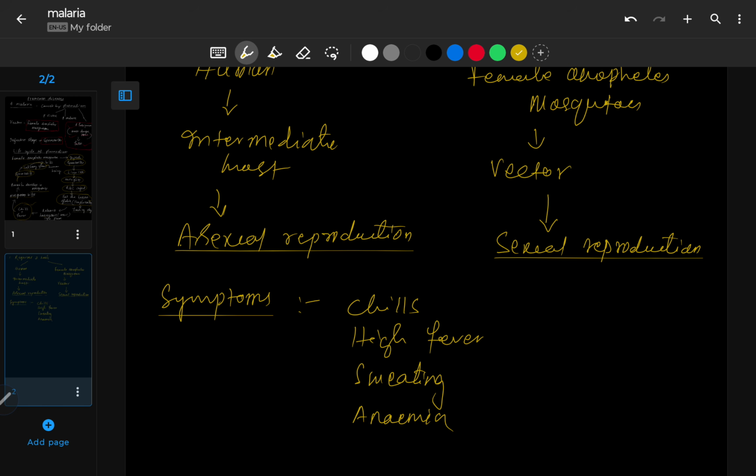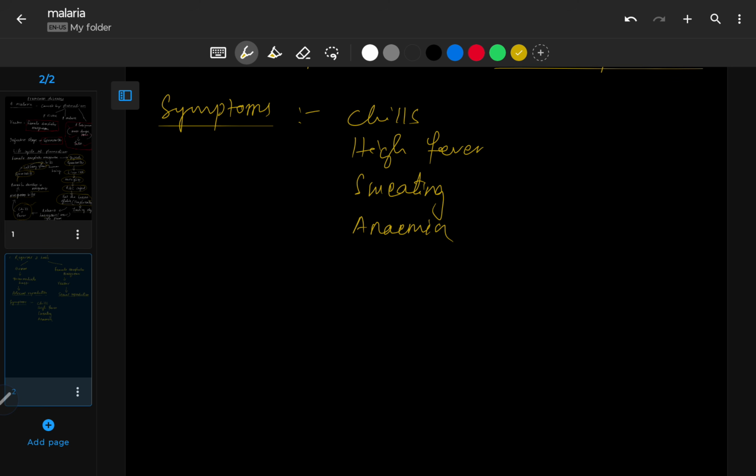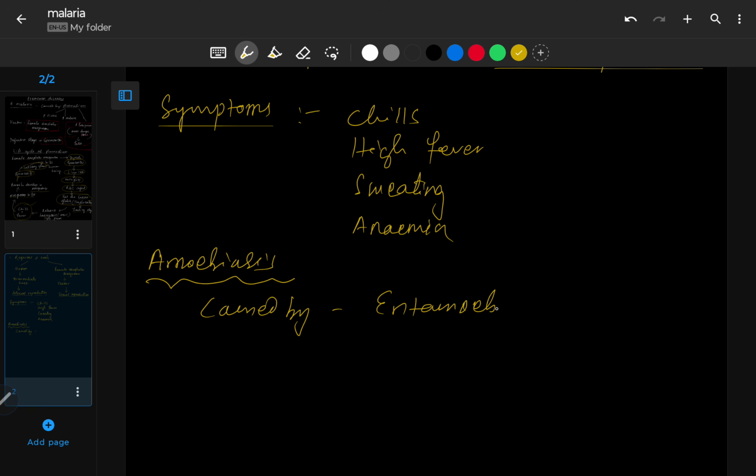Now come to the next disease, that is amoebiasis. Amoebiasis is caused by Entamoeba histolytica.